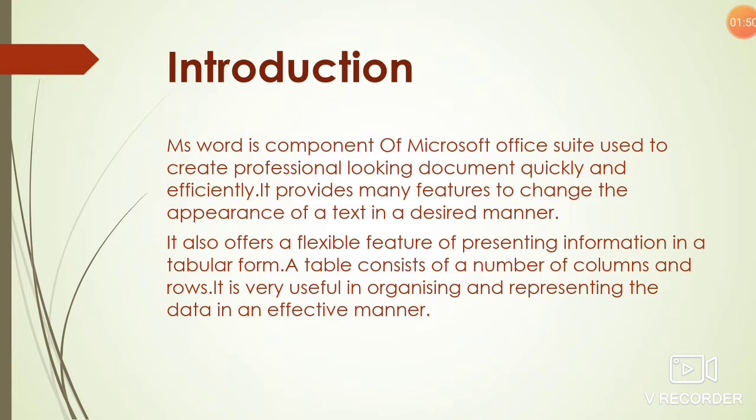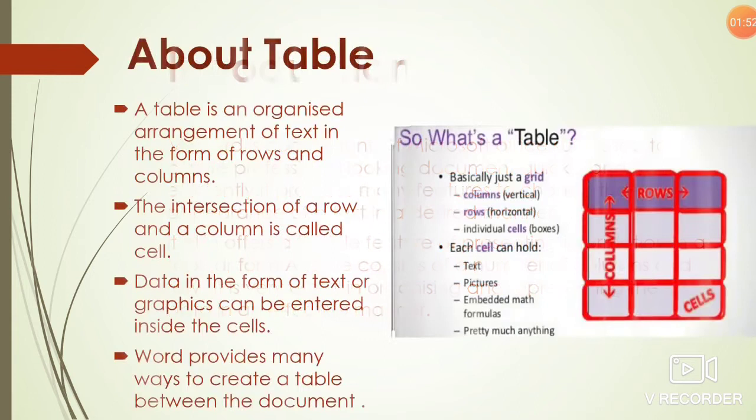So now let's start with a table. Now what is a table? A table is an organized arrangement of text in the form of rows and columns. See the figure here, it is written table, basically just a grid, means the lines which cross each other to form a square. You can see the lines cross each other and form a square.